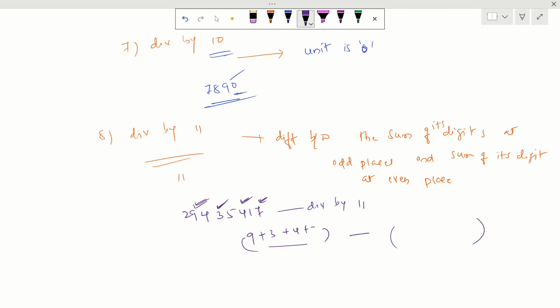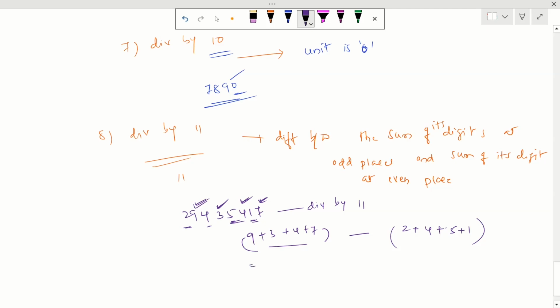Then the sum of digits at even places: 1, 5, 4, 2.